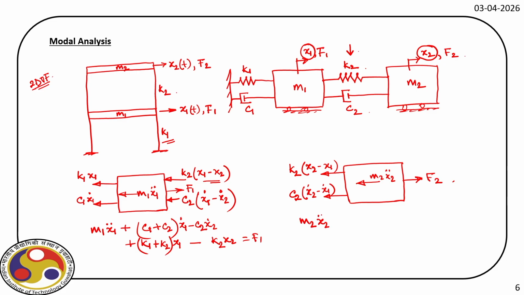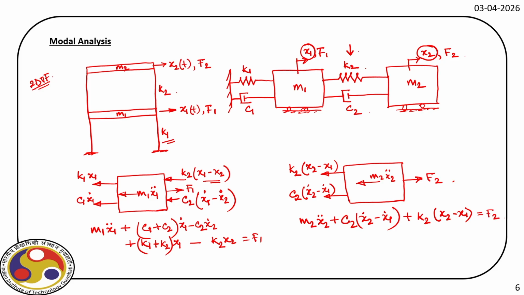Now for the second mass we have m2 x2 double dot plus, let us write the damping force first, c2 (x2 dot minus x1 dot) plus k2 (x2 minus x1) is equal to F2.